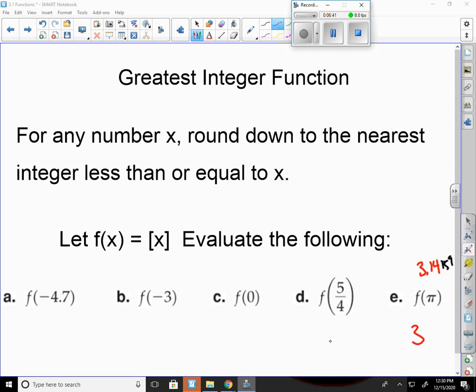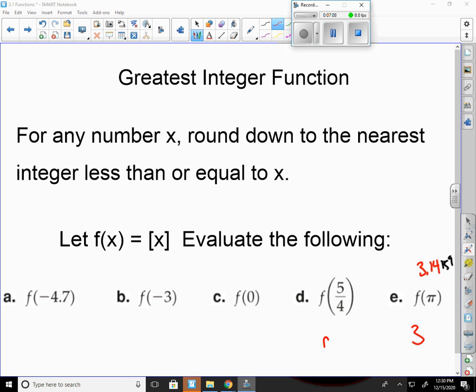But it's not like rounding in the sense that you ever round up. In this case, you're always rounding down. So 5 over 4 would round down to what? 5 over 4 is 1.25.